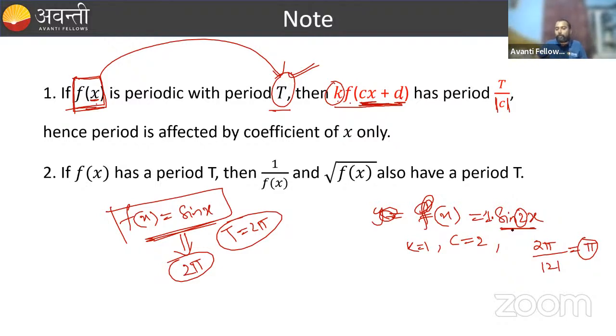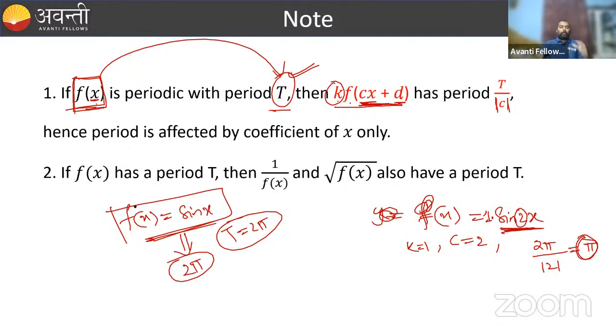So sine of 2x has the period pi. Similarly, you are asking this. Is it clear? JNB Nellore, is it clear or not? Yes, it is clear.